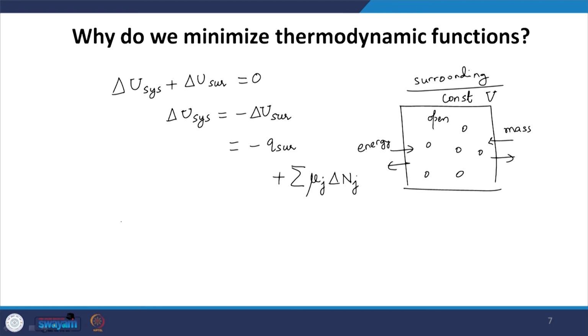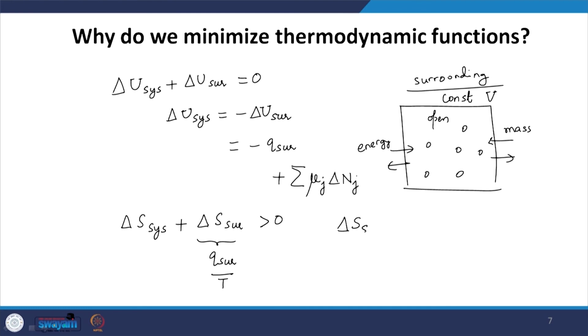Again we had the same argument for the entropy change, delta S system plus delta S surrounding must be higher than 0, and delta S surrounding again is Q surrounding by T. However, the Q surrounding has changed now. So, Q surrounding earlier was simply minus of delta U system, but now it also contains the term mu j delta n j.